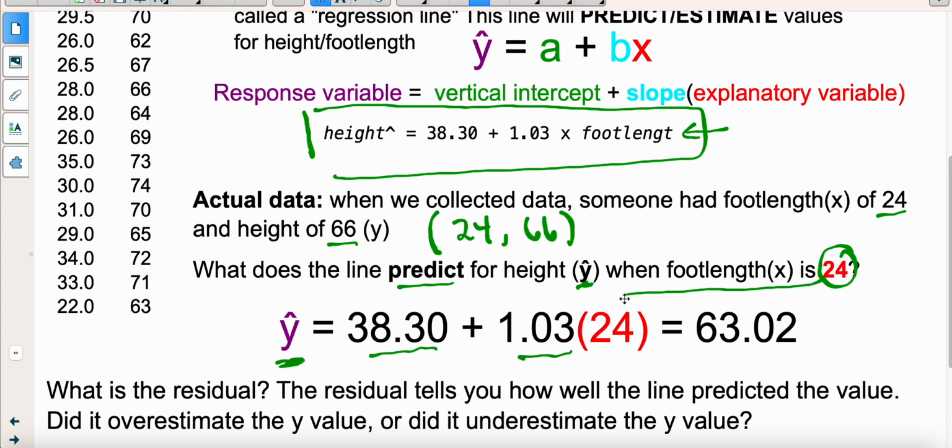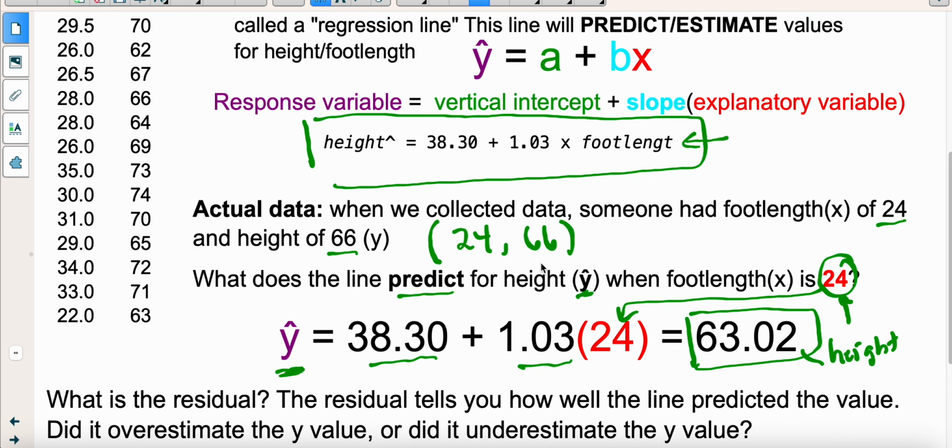I'm going to substitute in 24. When I do that math, the line predicts that if you have a foot length of 24, your height will be 63. So there's a difference between what I actually saw, 66 inches, and what the line predicted, 63 inches.